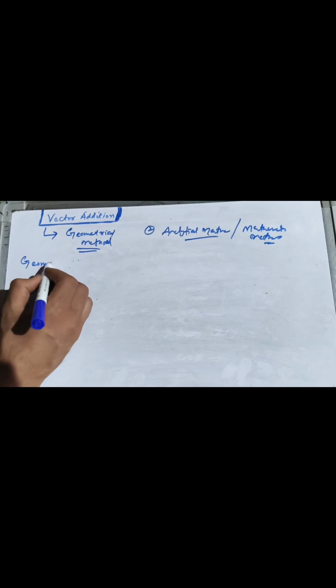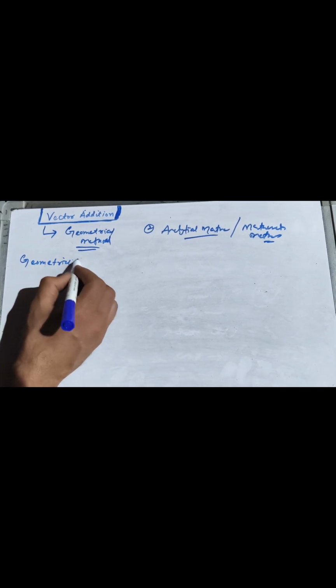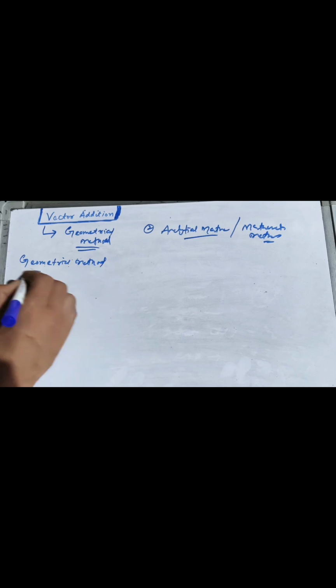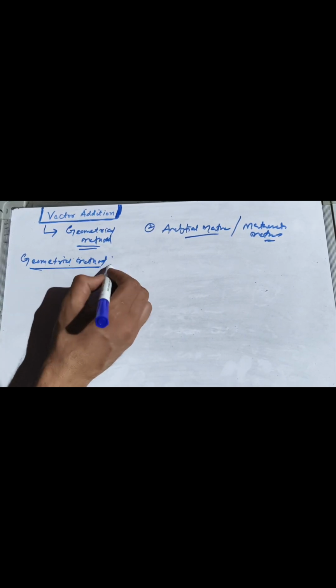First we will be dealing with the geometrical method. What is the geometrical method and how do we add vectors geometrically?